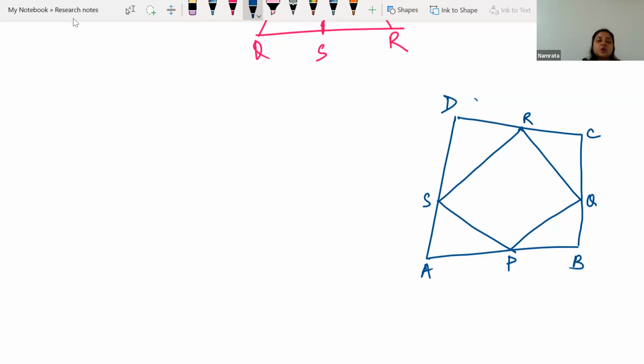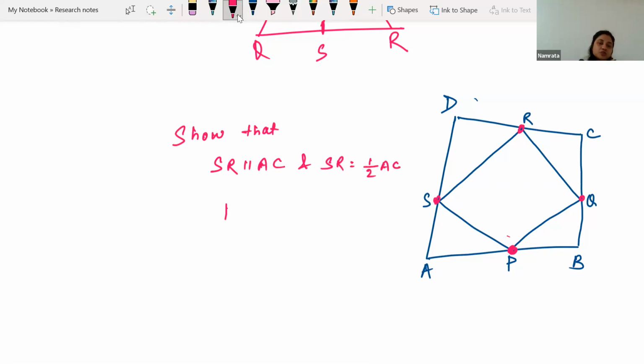These are all the midpoints. It is clearly written in the question that P, Q, R, S are the midpoints of sides AB, BC, CD and DA. Show that SR is parallel to AC and SR is half of AC. We also have to show that PQ is equal to SR, and the third part, that PQRS is a parallelogram.